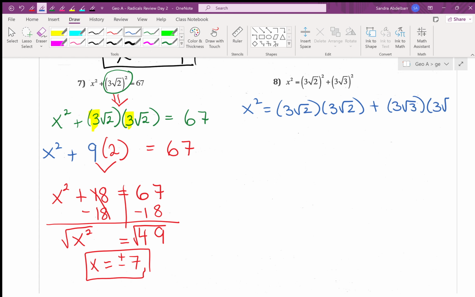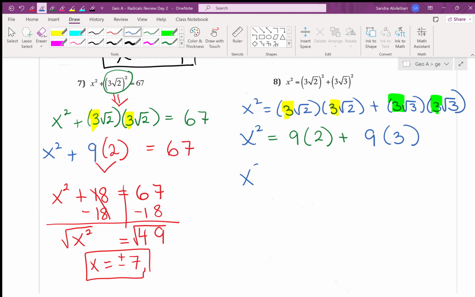times 3 root 3. So we'll have x squared equals, again, multiply these coefficients. So we get 9 root 2 times root 2 is 2, plus, again, now we're going to multiply these coefficients. 3 times 3 is 9, and then the radicals, root 3 times root 3 is 3.